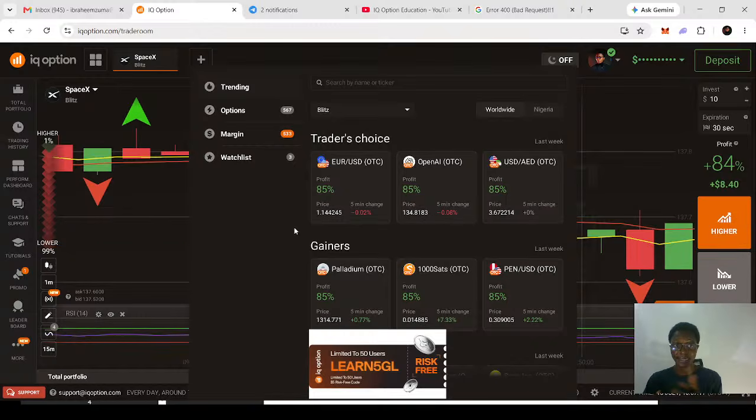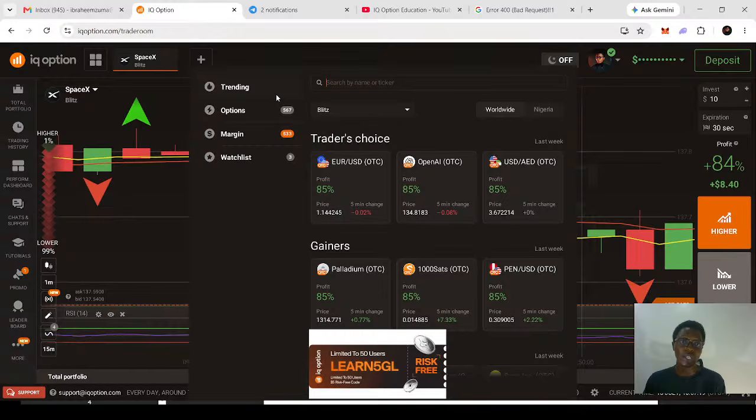You can also trade natural assets like oil, gas and crude oil. You can come to the option section right here and see there are many options. Here is a currency pair, GBP USD, which is the Great British Pound against the US dollar.